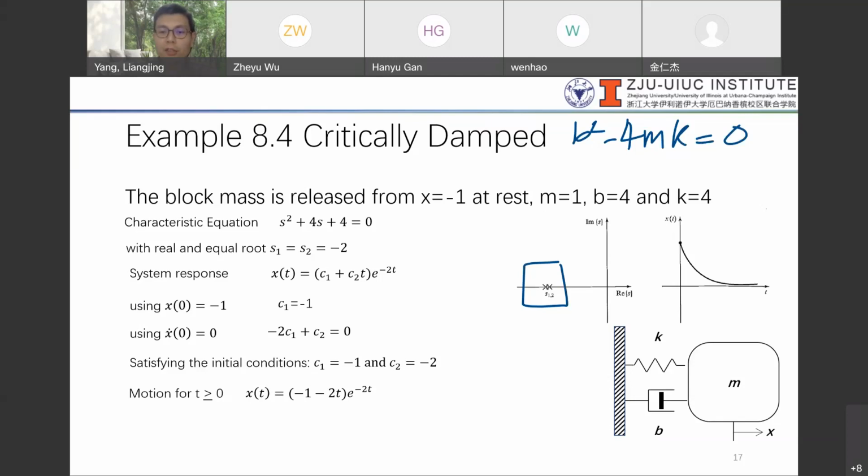Okay, which means that, maybe I should take a shortcut, b squared equals 4mk.